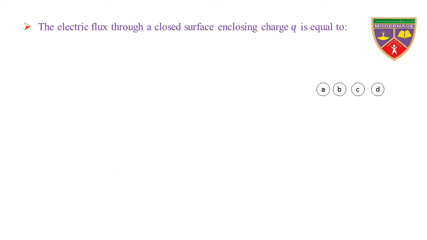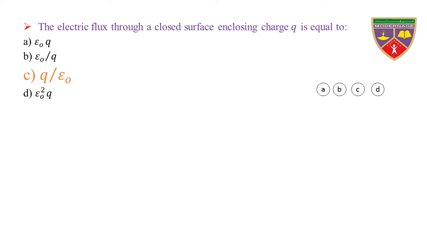The electric flux through a closed surface enclosing charge Q is equal to: option A, epsilon naught into Q. Option B, epsilon naught divided by Q. Option C, Q divided by epsilon naught. Option D, epsilon naught square into Q. The key is Q divided by epsilon naught.